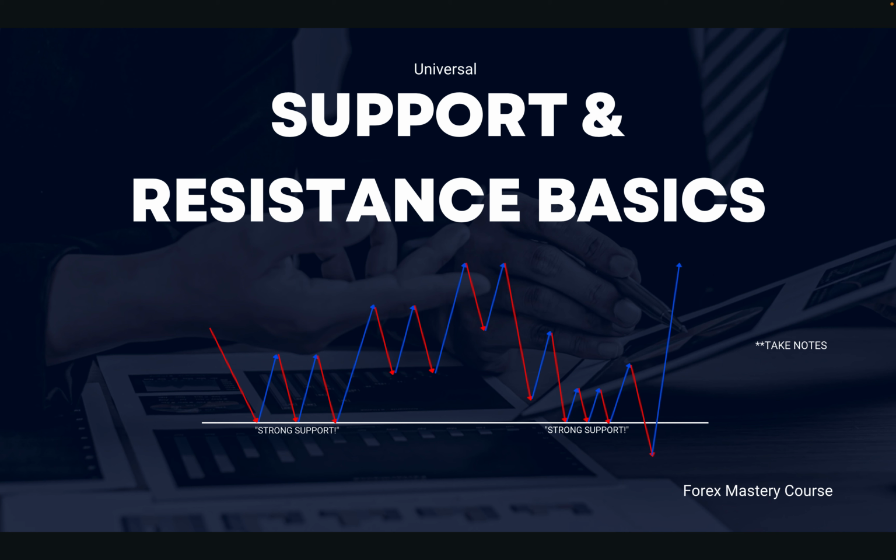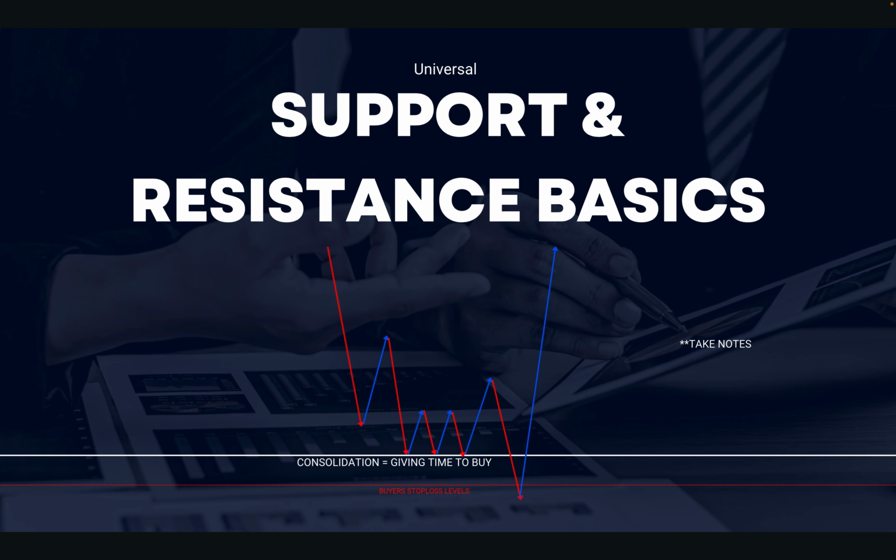So this is what I was saying when I explained that support and resistance is nothing more than a template for market manipulation. Once again, price comes down, starts bouncing off of this line. Once again, there's not even a line here.